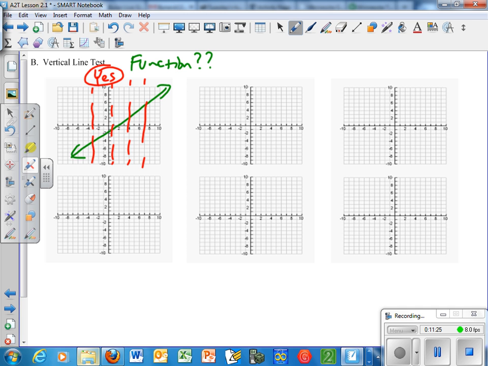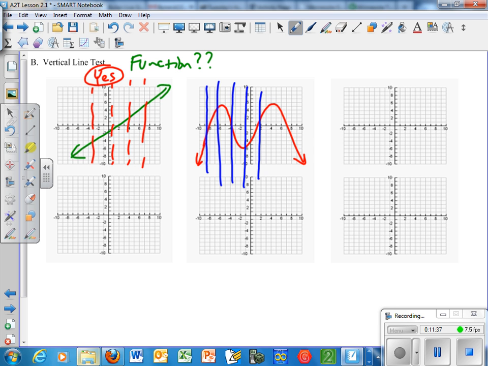If I had something like this, any vertical line you draw only goes through in one point. So that is a function.